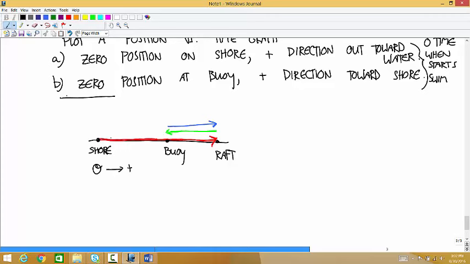And so now if it's 20 meters from the shore to the buoy, what's the numeric value of the buoy? So we're going 20 meters in the positive direction from 0. So this is 20 meters. And now we're going another 15 meters in the positive direction from the 20 to get to the raft. So what's the numeric value at the raft? Yeah, positive 35.